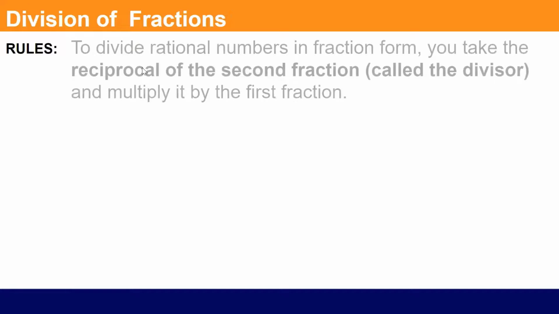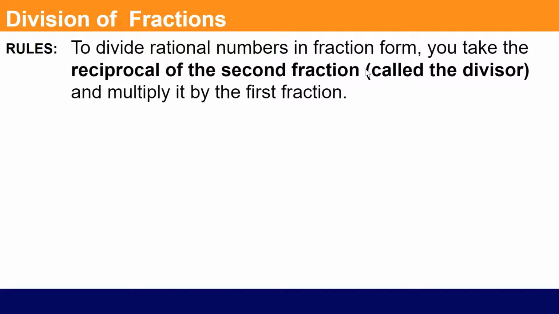Next one is for the division of fractions. Here is the rule. To divide rational numbers in fraction form, you take the reciprocal of the second fraction, called the divisor, and multiply it by the first fraction. So, paano pong gagawin natin? Kapag magdi-divide tayo ng fraction, yung second fraction or the divisor will get the reciprocal and you will proceed to multiplication.